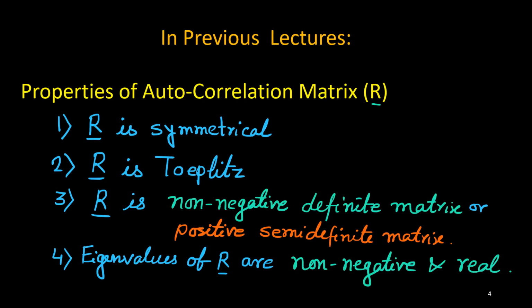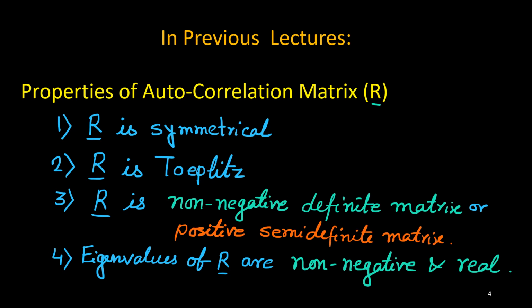Now, in previous lectures, we have discussed a total of 8 properties of the autocorrelation matrix capital R. I've said that capital R is symmetrical. Second property is R is Toeplitz. And third property, R is a non-negative definite matrix, or it is called positive semi-definite matrix.